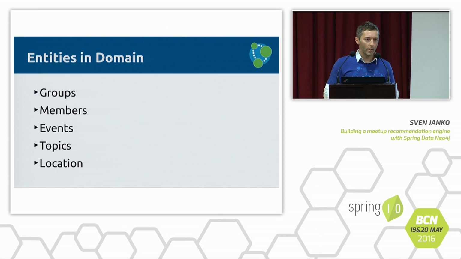And what we now know from that is our entities. So this is the groups, the members, which I previously denoted by users, and we have the events, the topics, and what I didn't mention so far is the location. So an event takes place in a location, of course.